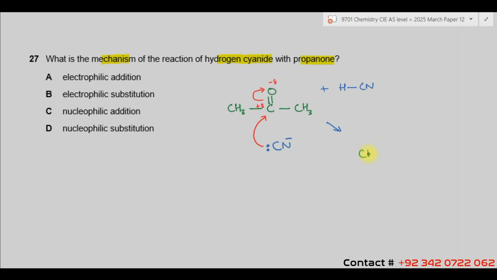Now we have CH3, and CN is now attached to this carbon. Oxygen has a full negative charge. This oxygen is now going to attack the hydrogen, and this CN is going to break the bond.